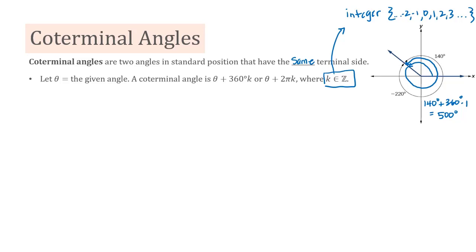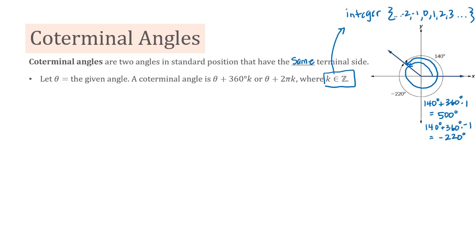That makes them coterminal. Now, where did negative 220 degrees come from? Instead of using an integer value of positive 1, we used an integer value of negative 1. So 140 degrees plus 360 degrees times negative 1 is the same thing as 140 degrees minus 360 degrees, and that's where the negative 220 degrees came from.